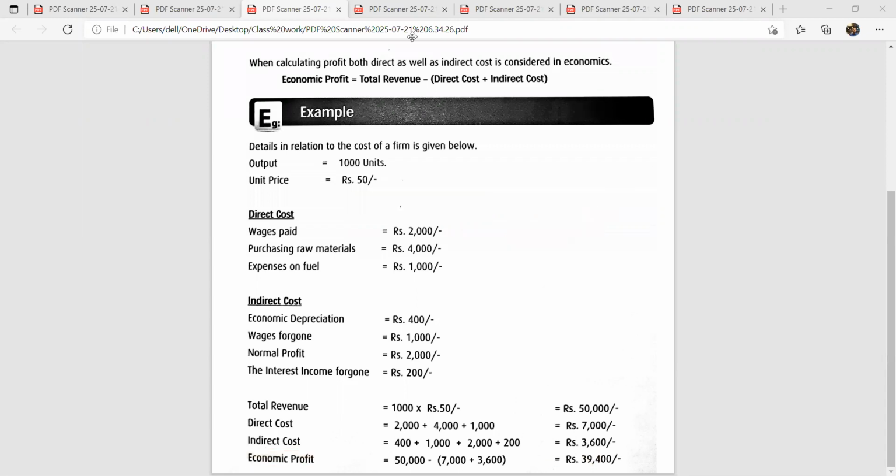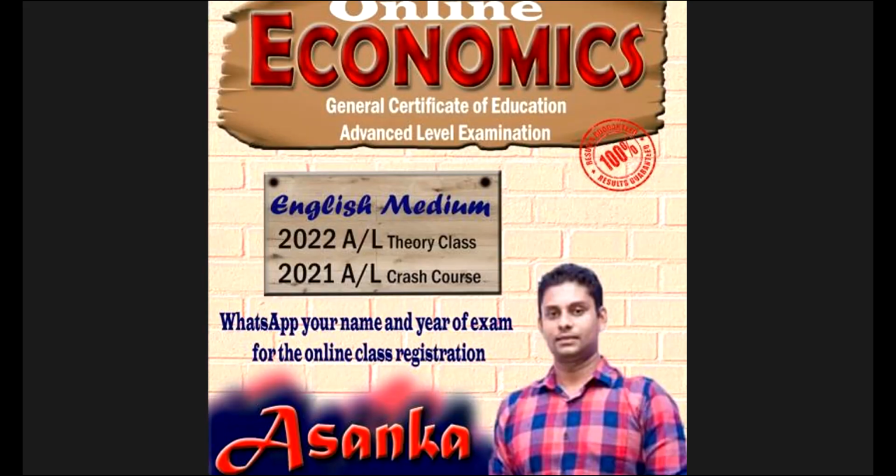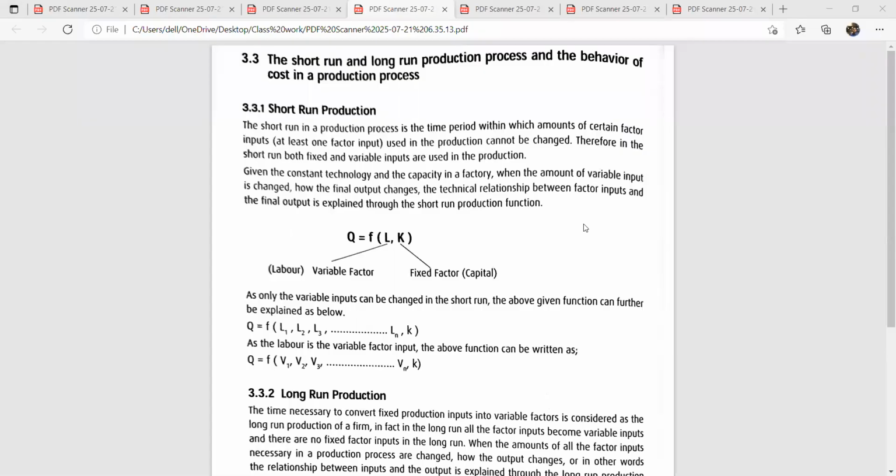Right. After that, we do concern the short run production function. So the short run production function and the long run production function should be discussed separately.